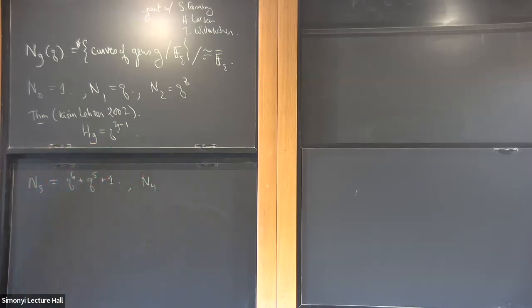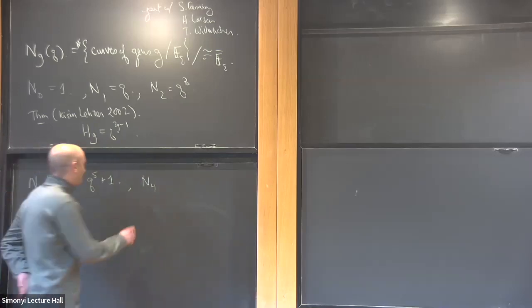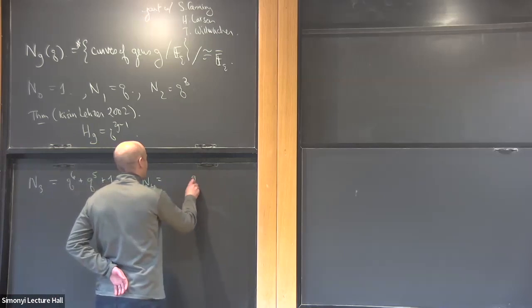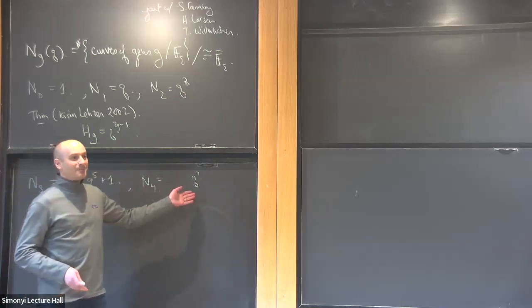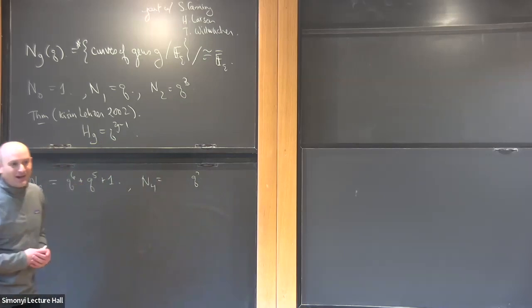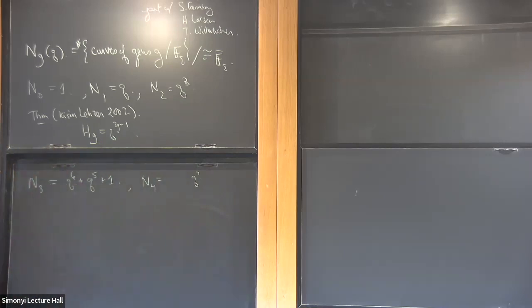And genus 4 curves are going to come in three flavors. There's the hyperelliptic curves, which will give us a Q to the 7. There's the Petri special curves. A curve of genus 4 that's not hyperelliptic is a 3-to-1 cover of P1. Most of them are 3-to-1 covers in two ways, but some of them are 3-to-1 covers in just one way.